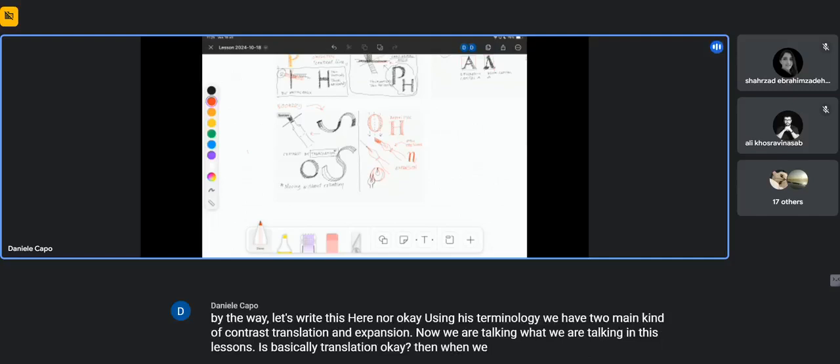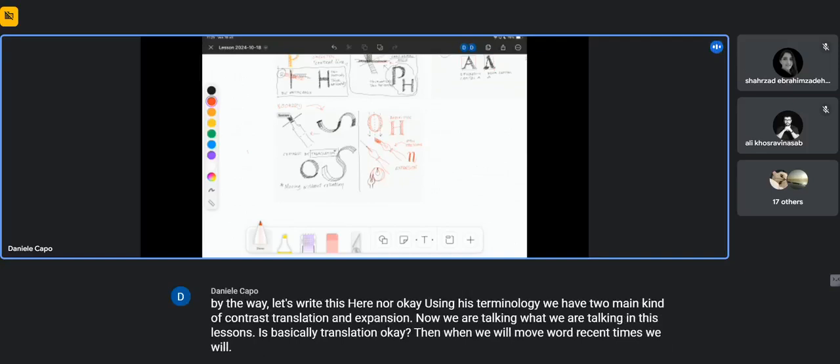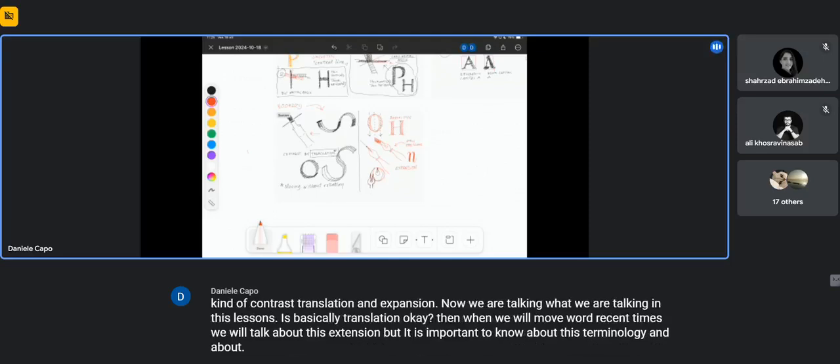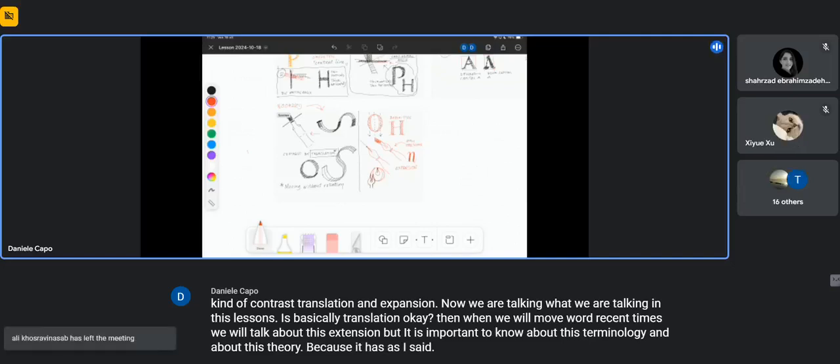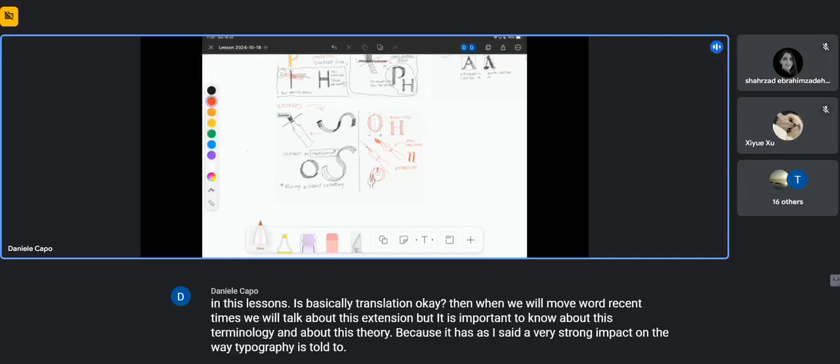Then when we move toward recent times, we will talk about this expansion. But it is important to know about this terminology and about this theory because it has, as I said, a very strong impact on the way typography is taught today.